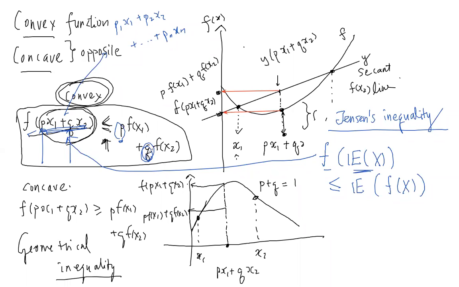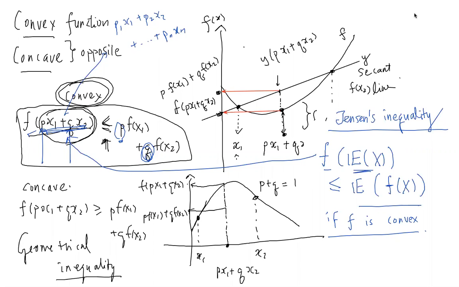These are the evaluations f of x, so it becomes the expectation of f of x. So Jensen's inequality holds if f is convex. If f is convex, you have this result, Jensen's inequality.